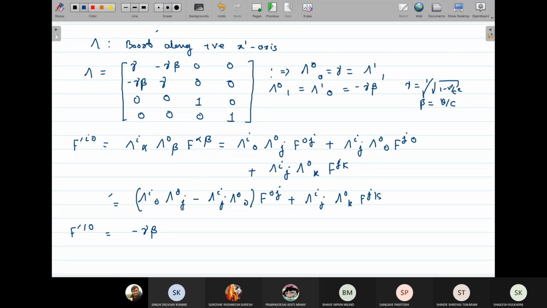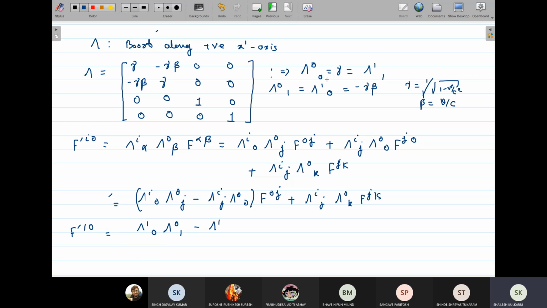But you see, lambda 01 is this quantity. Lambda 02, the 0th row, second column, is 0. Lambda 03 is also 0. So this will survive only when j equals 1. So I have minus gamma beta coming from this. Then let me write it: lambda 10, lambda 01, minus lambda, with i fixed to be 1.